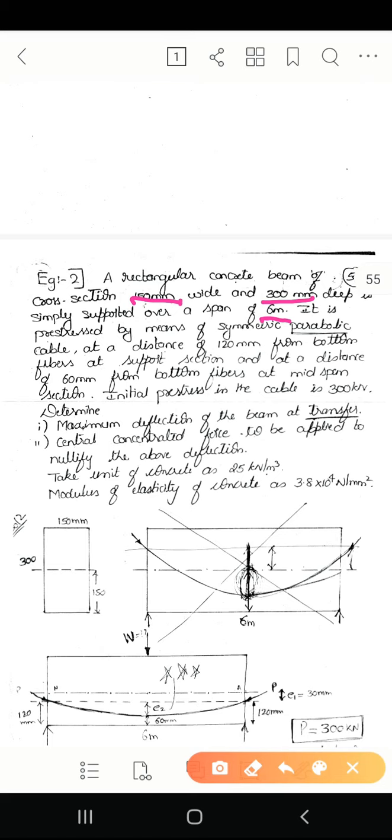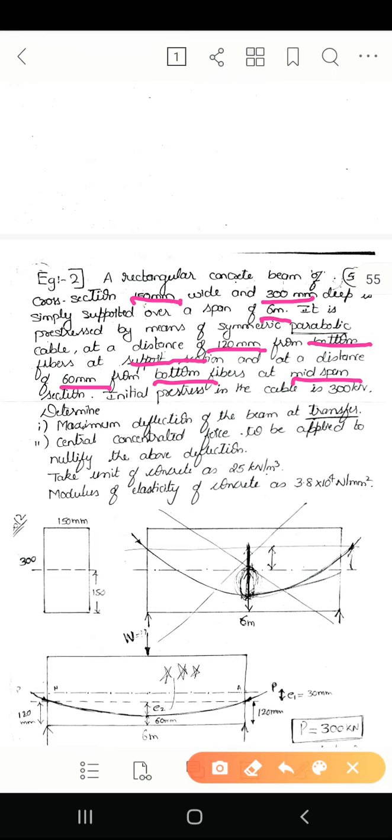It is pre-stressed by means of a symmetric parabolic cable at a distance 120 mm from the bottom at the support section, and also at a distance of 60 mm from the bottom fibers at midspan section. So at support section 120 mm, at midspan it is 60 mm from the bottom.